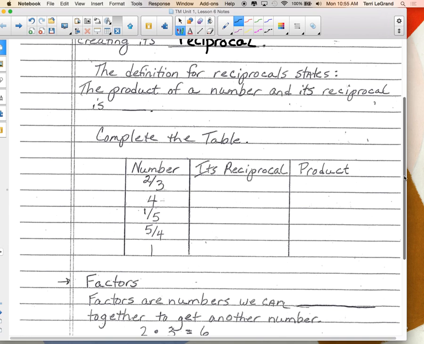Multiplication, yeah. So when we multiply a number and its reciprocal, we better get 1 or they're not truly reciprocals of each other. So if 1/3 and 3/1 are reciprocals of each other, when you multiply them together, you should get 1. Okay?